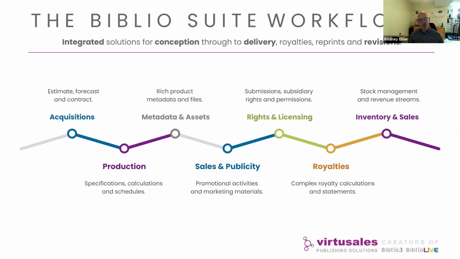Generally, you'll have workflows where people will be acquiring titles, managing the production of assets and titles, and managing the metadata and distribution of those. You'll have sales and publicity, rights and licensing, the processing of royalties, and things such as inventory management and digital asset management.